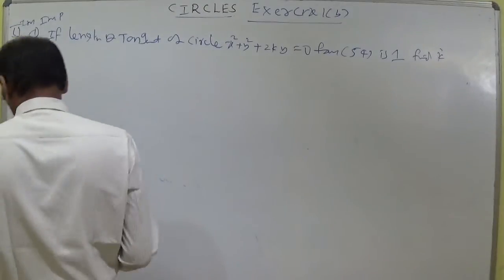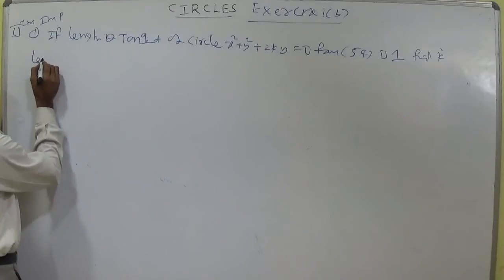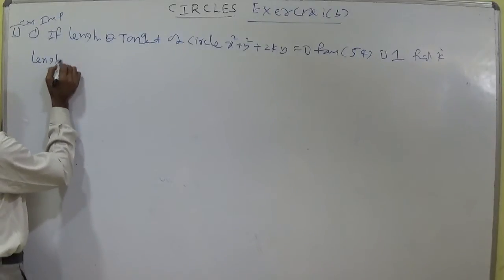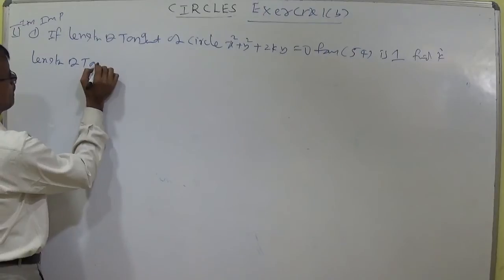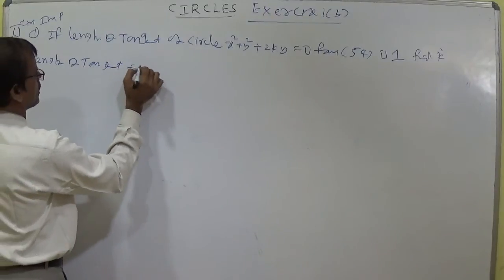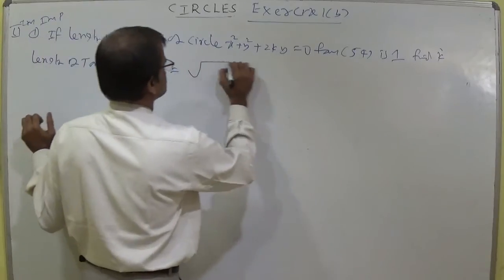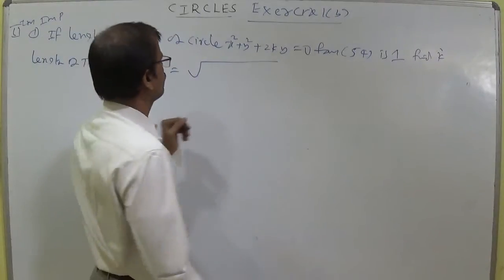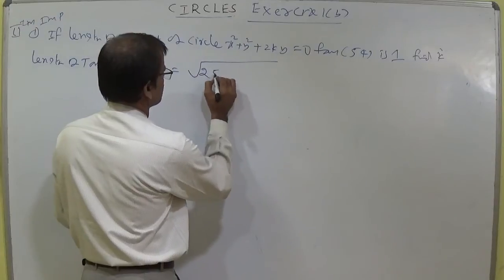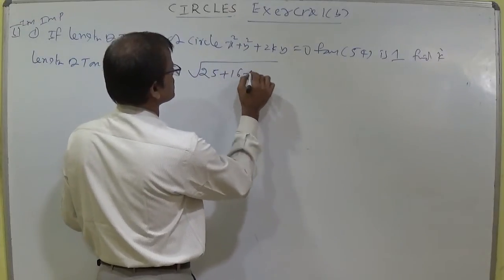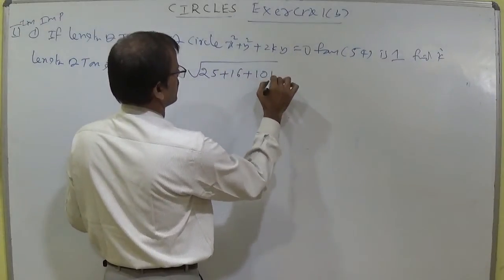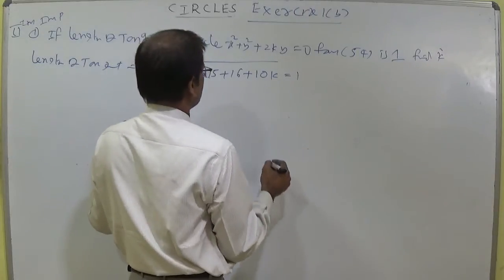Now remember the formula: length of tangent is root S11. So substitute 5 and 4 here: 5 square 25 plus 16 plus 2 times 4 times k, that is 8k, equal to 1.